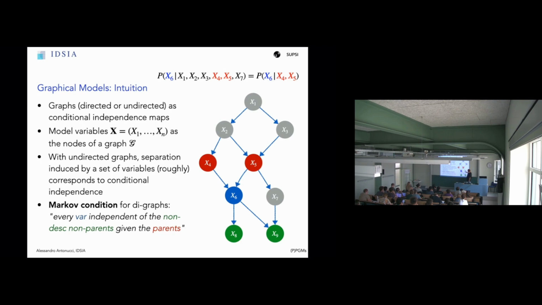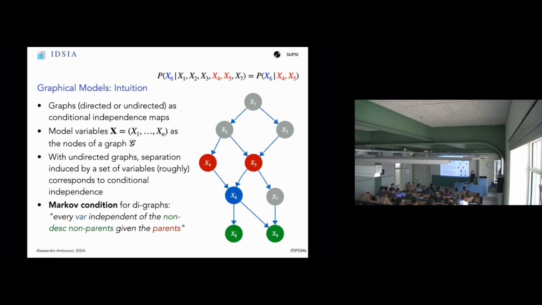Why? Because x7 is not a descendant of x6 and is not a parent. x3 is independent because it is not a parent, not a descendant. I cannot say that x8 is independent of x6 given x4 and x5 because it's a descendant, it's not a non-descendant. Quite involved, but it's not really so crazy a definition. And this is applied separately to each variable.